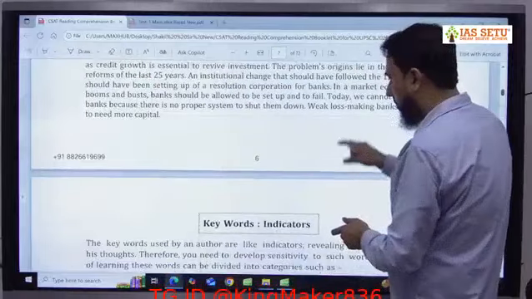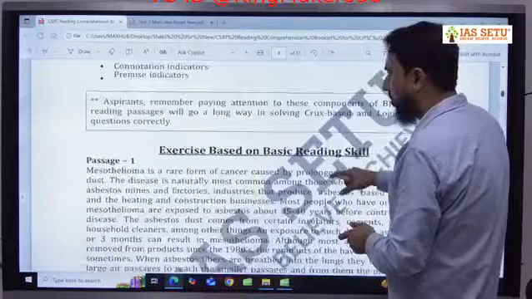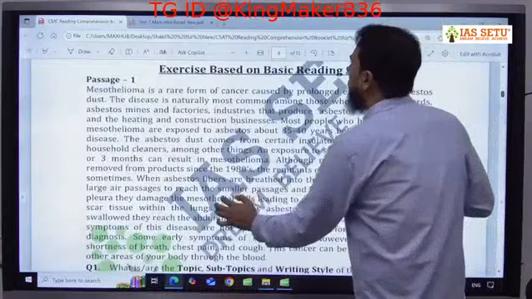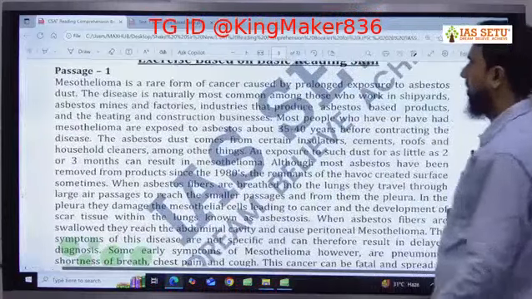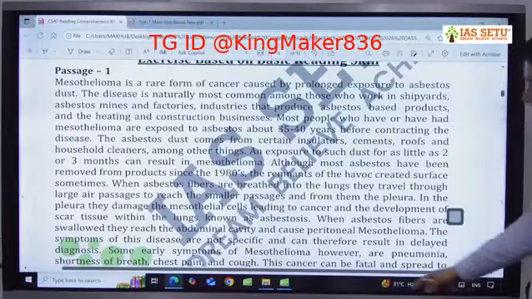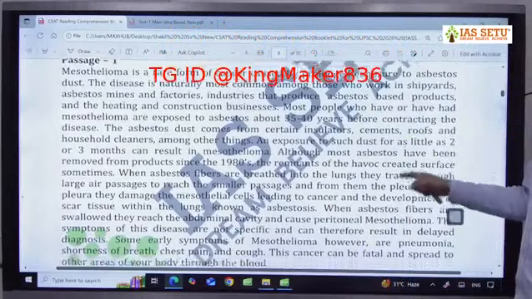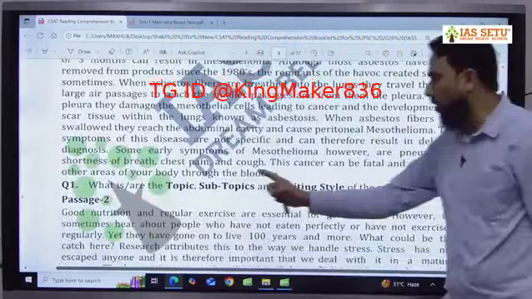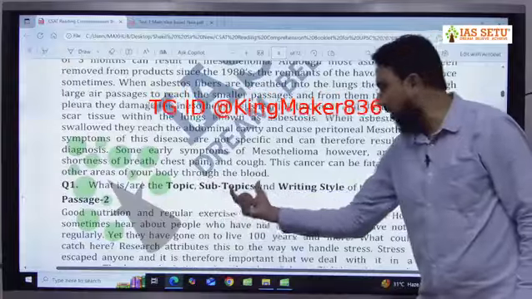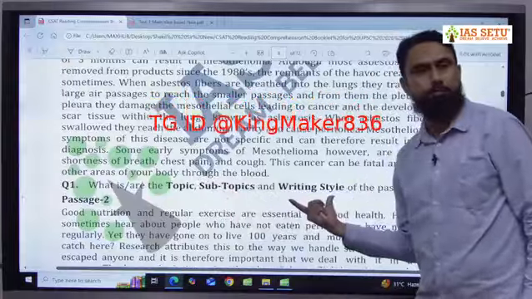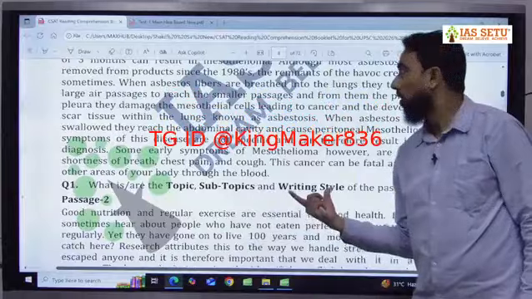Yesterday I discussed with you the writing style, the structure of the passage. So here is an exercise on page number 8. There is a question given, what is the topic, subtopic, writing style? Page number 8.